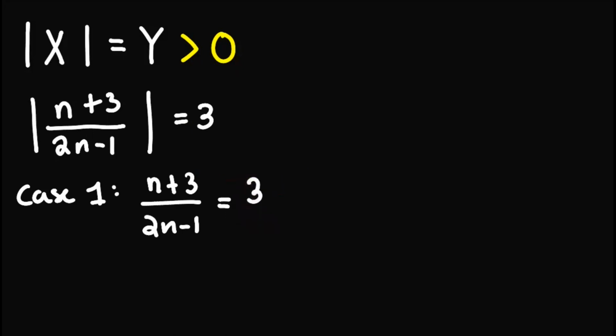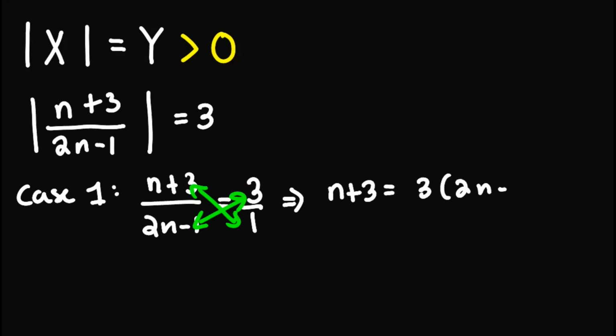We can view 3 as 3 over 1, and applying cross multiplication, we'll obtain n plus 3 on the left side, and on the right side we have 3 times 2n minus 1. Simplifying, this is n plus 3, and on the right side we have 6n minus 3.